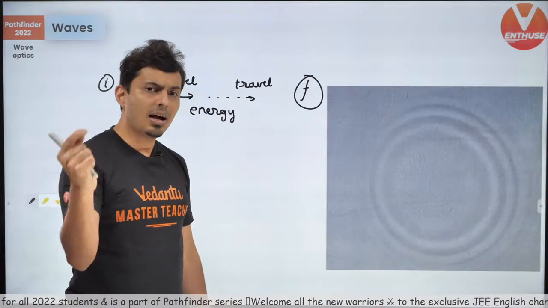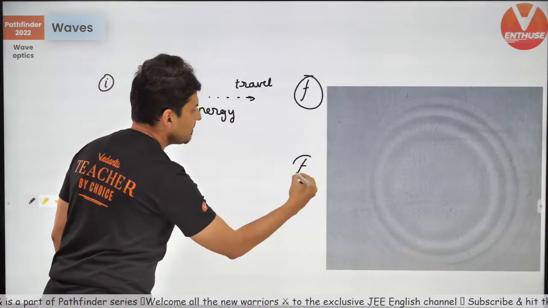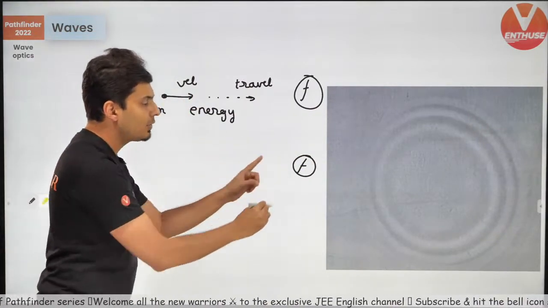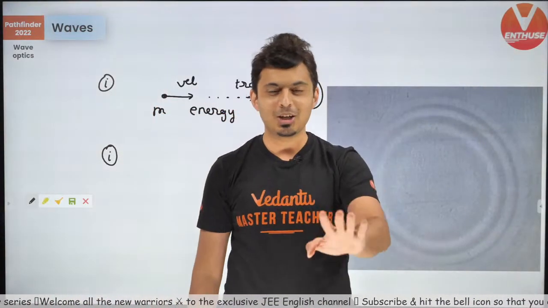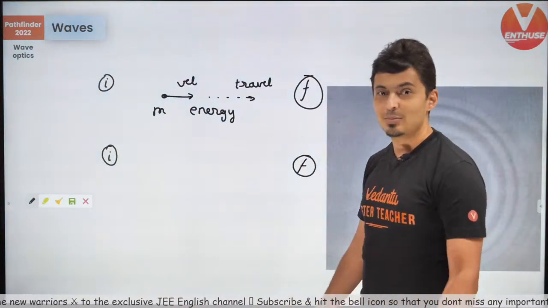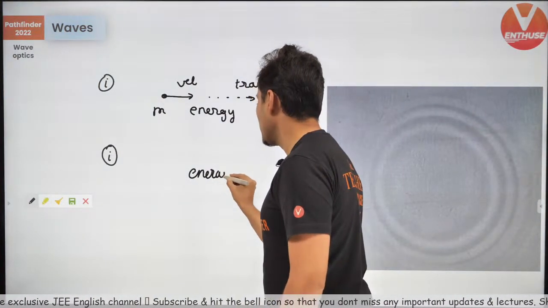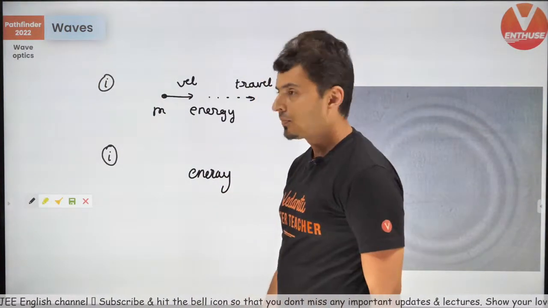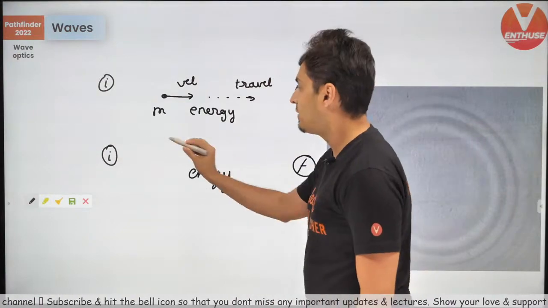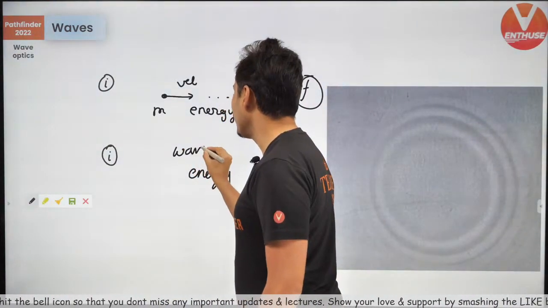But there is another way by which, without any particle actually travelling from A to B, energy will travel from the initial point to the final point. You don't have to book your tickets. That is basically a wave.